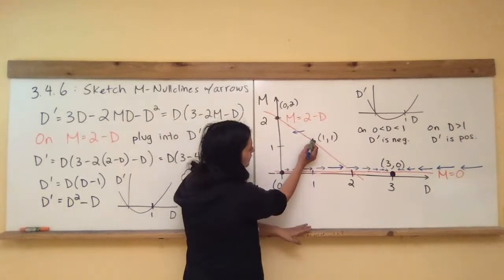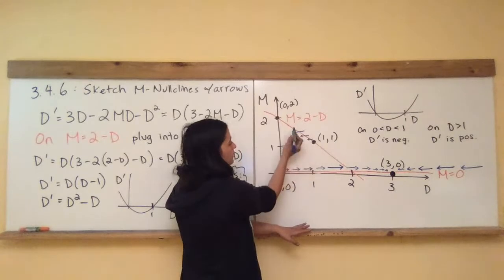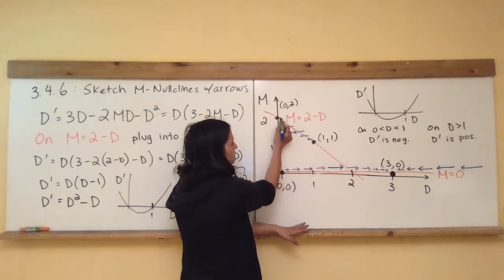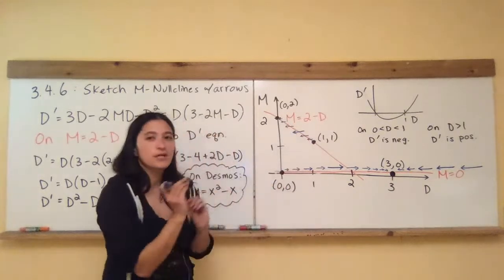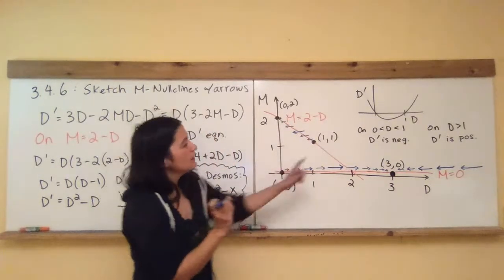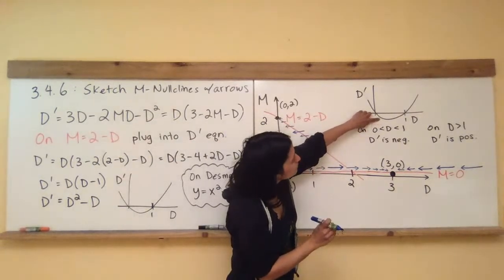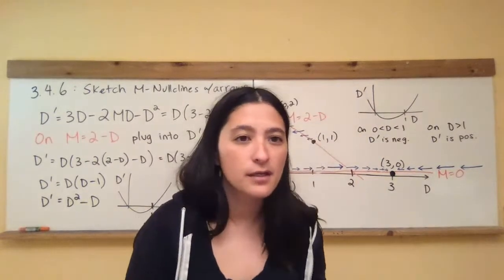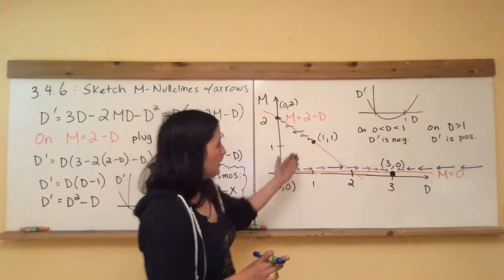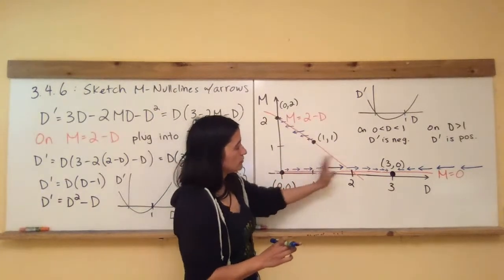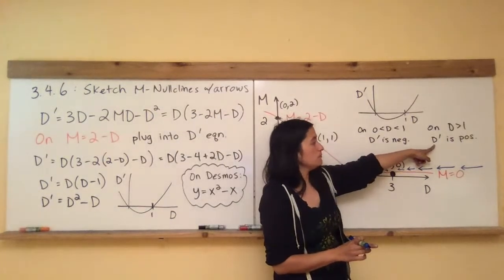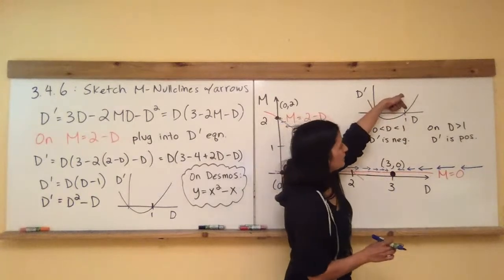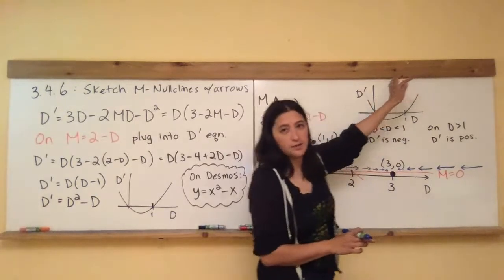And then as we get closer to the fixed point, it's pointing to the left, but in smaller amounts, and as we approach the point of 1, it's still pointing to the left, but in smaller and smaller amounts. That's because the parabola is approaching 0 as we get closer to that fixed point. Likewise over here in the region where d is greater than 1, the parabola is getting bigger and bigger and bigger ad infinitum.